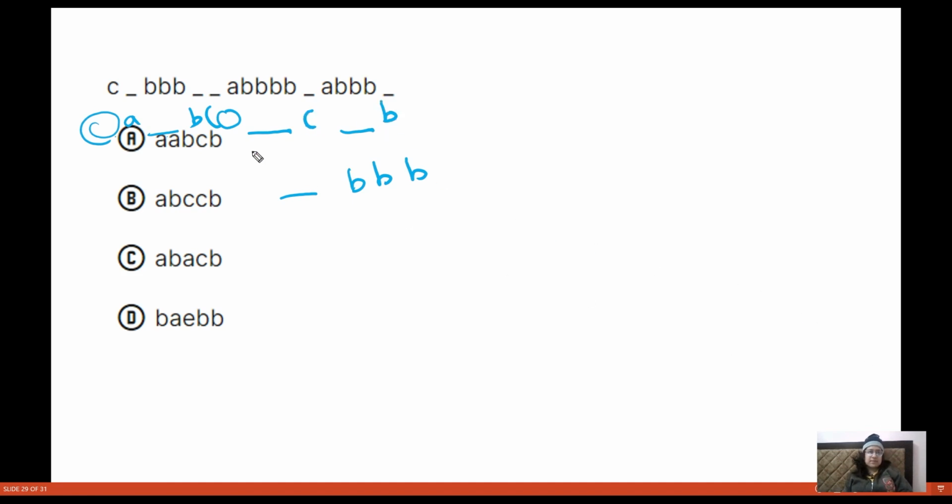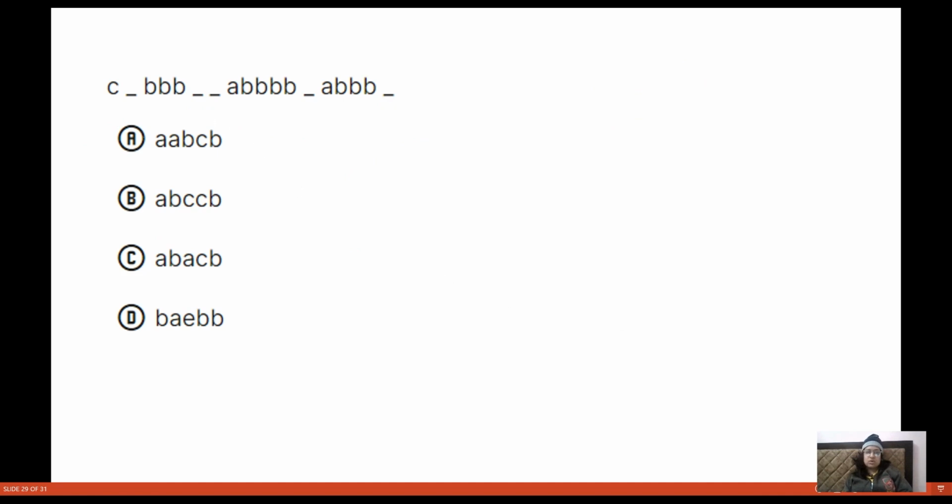Because there are 4 B's, there is a possibility of getting a sequence CA. So the first letter which I am filling is A, second is B, third is C, fourth is C, and the last letter is this. Is there a sequence like this? Yes, there is definitely this.